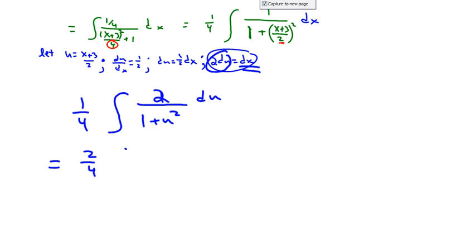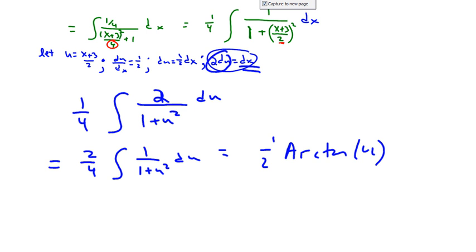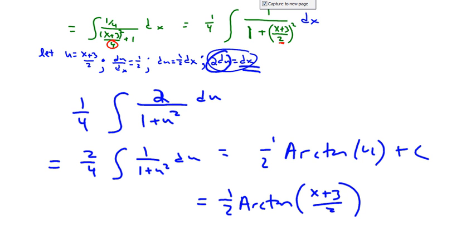We get 2/4 the integral of 1 over 1 plus u squared du, which equals 1/2 arctan of u plus c. And last step, just substitute in for the u, we have 1/2 arctan of x plus 3 over 2 plus c.